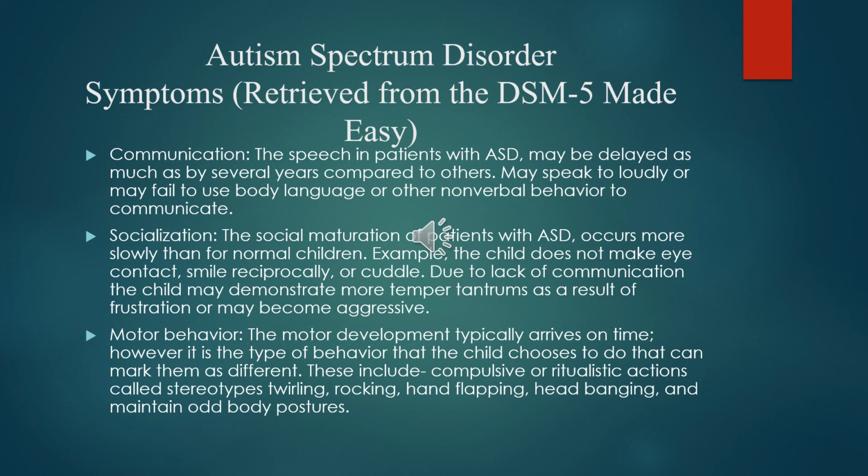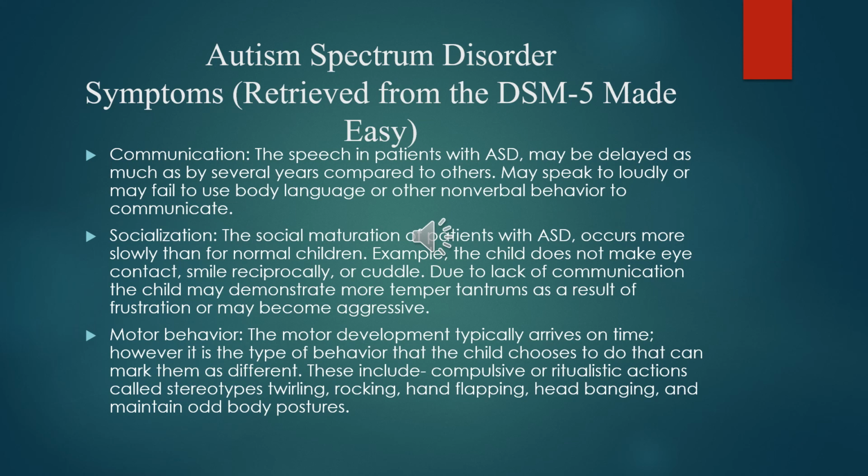The child may also not pick up their arms to be held, which is a nonverbal cue directed towards the parent and or caregiver. Due to the lack of communication, the child may demonstrate more temper tantrums as a result of frustration and or may become aggressive towards others or themselves. Motor behavior.